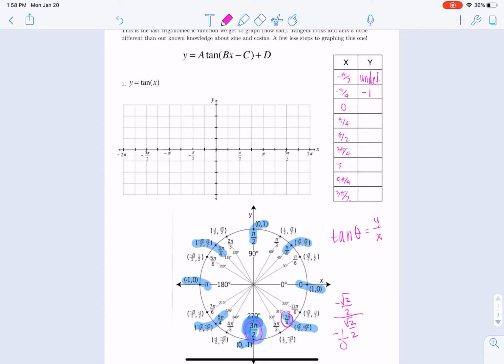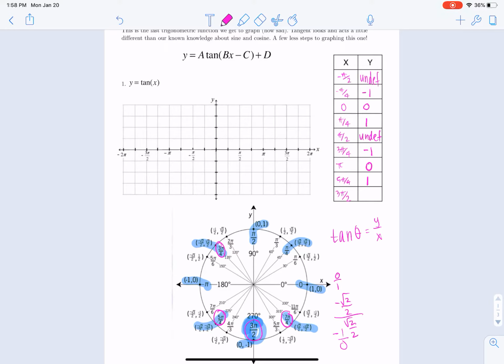At 0, I'll have 0 over 1, which is 0. At pi over 4, positive 1. At pi over 2, I'm again undefined. At 3 pi over 4, I'll be back down at negative 1. At pi, again, I'll be at 0. At 5 pi over 4, a negative divided by a negative is going to put me at positive 1.